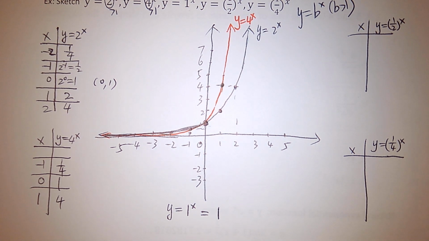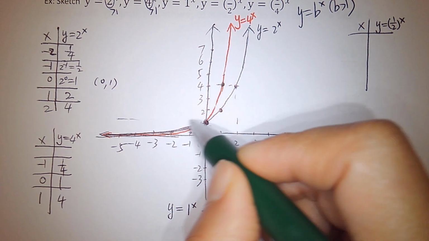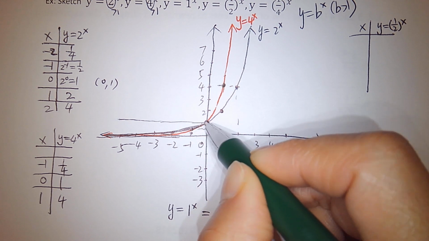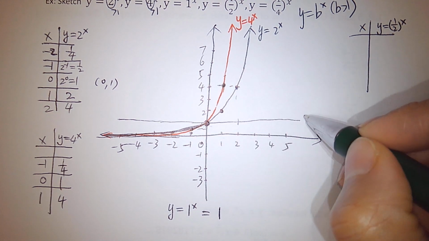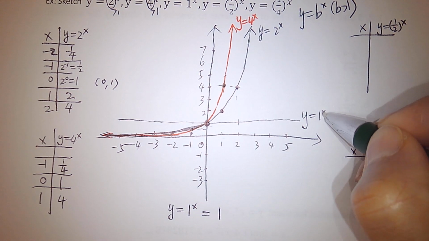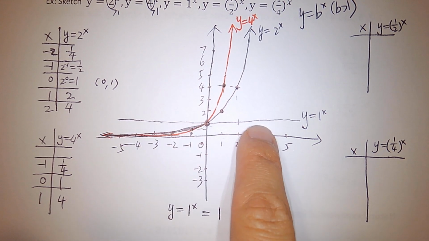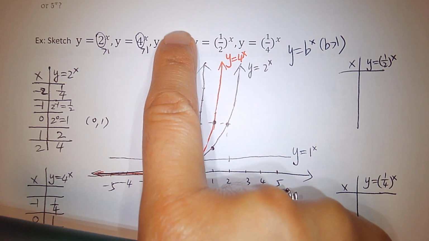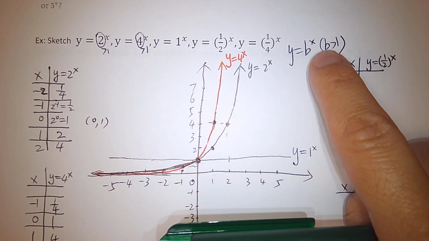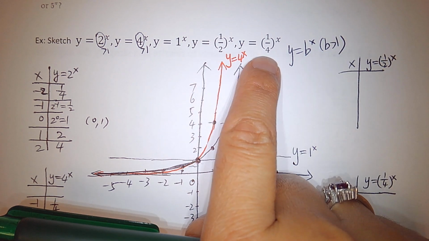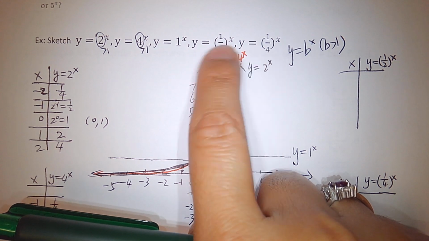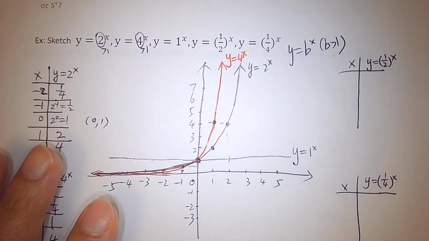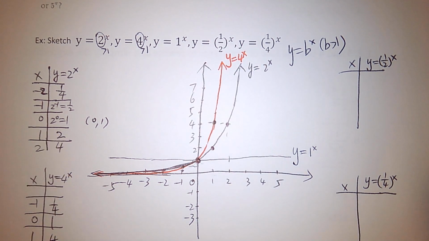So what is y equals 1? It is a horizontal line in the xy plane, right? So for exponential functions, we're not talking about this case when b equals 1. We only talk about when either b is greater than 1 or b is between 0 and 1. So that's why there are two cases. You'll see on the next page.